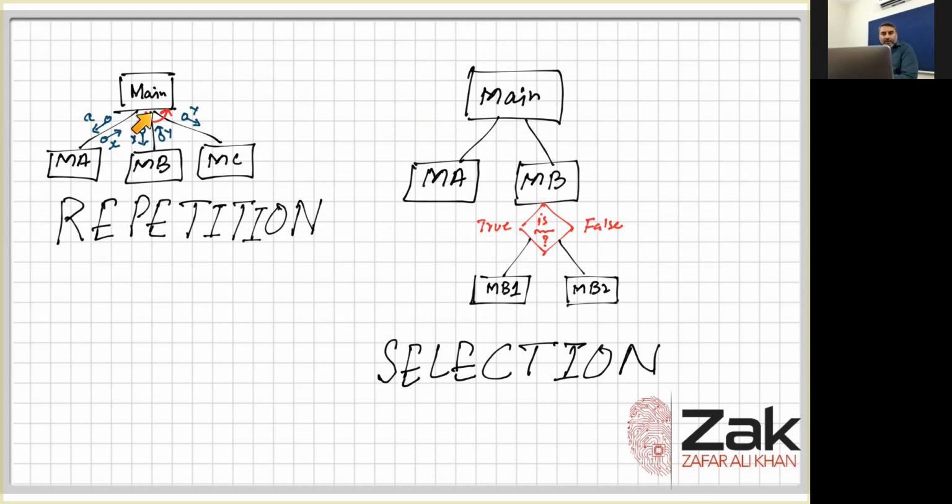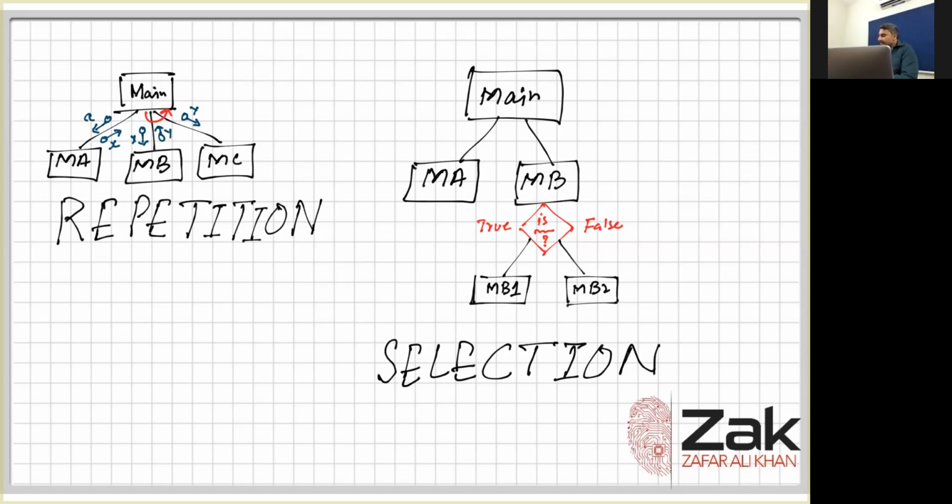So it is calling module B with X, B is returning Y, and with that Y, it is calling module C. But this is happening again and again until a condition is satisfied. Let's say this is a while loop, and the calling of module B and module C is placed inside that loop. So as long as that loop works, module B and C will be repeatedly called.